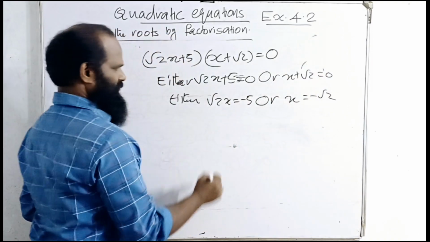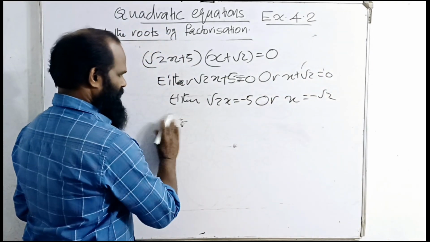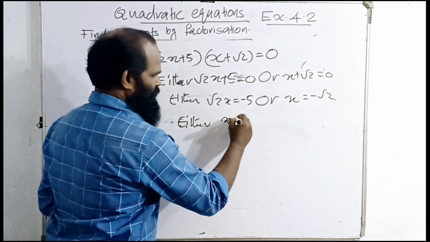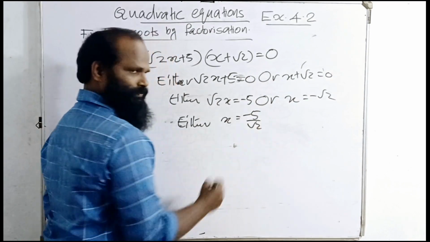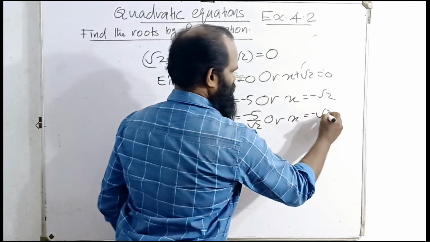Side changes. We got to take root 2 also over there. So either x is equal to minus 5 divided by root 2 or x is equal to negative root 2.